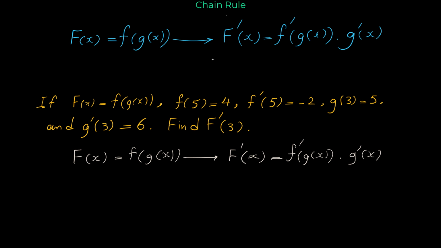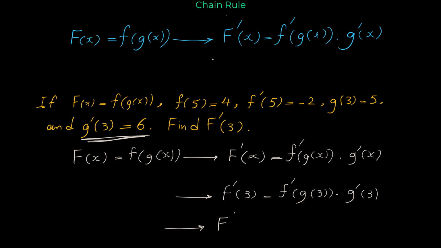So f prime of 3 equals f prime of g of 3 times by g prime of 3. G prime of 3 is 6.